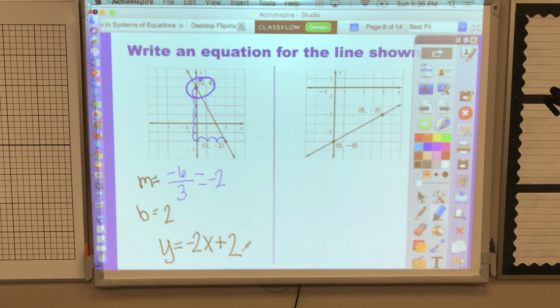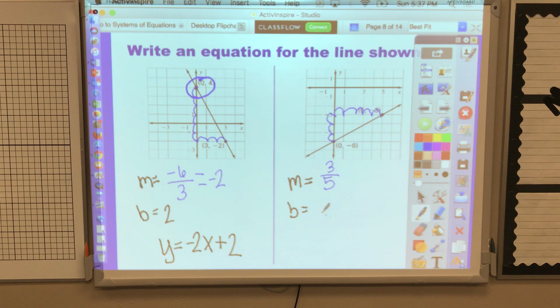And there's my equation. The next one, again, starting at that point on the left, I need to find b. To find slope, we're looking for m, so from the left, going up 1, 2, 3, so that rise is +3. My run is 1, 2, 3, 4, 5. And this time our slope doesn't simplify, and we don't want a decimal, so we're going to leave it as 3/5.